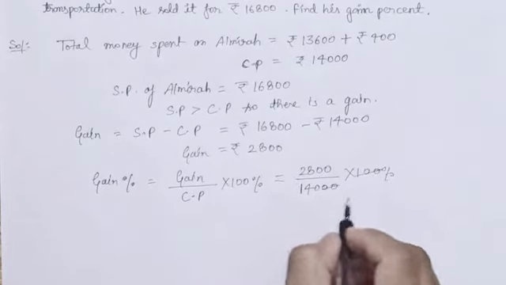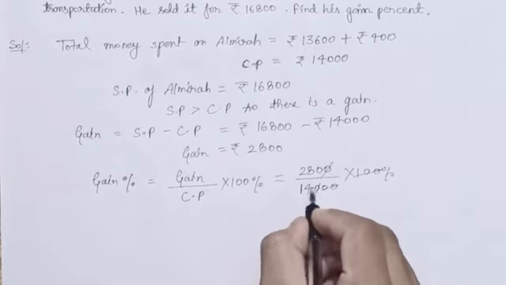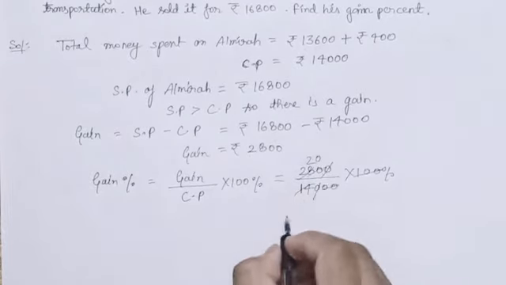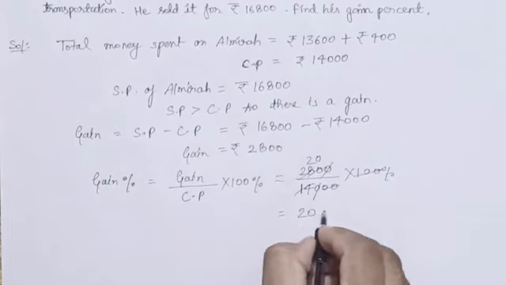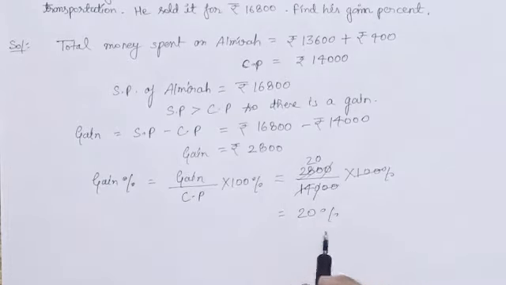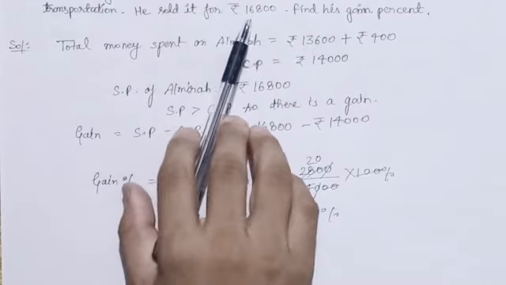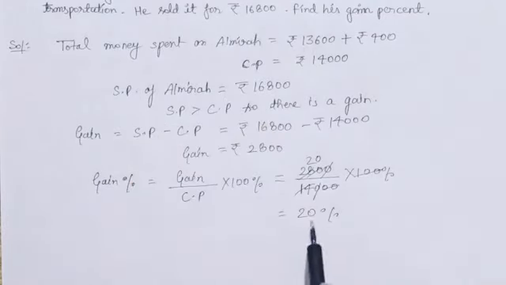So here the zeros cancel out, 14 twos are 28. So we have 20%. It means on selling it for rupees 16,800, there is a gain of 20%, or profit of 20%. Now let us see the next question.